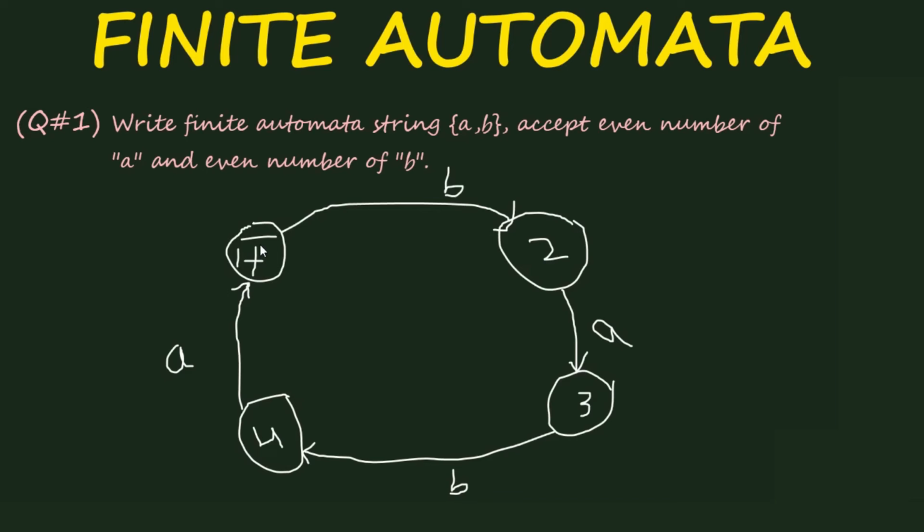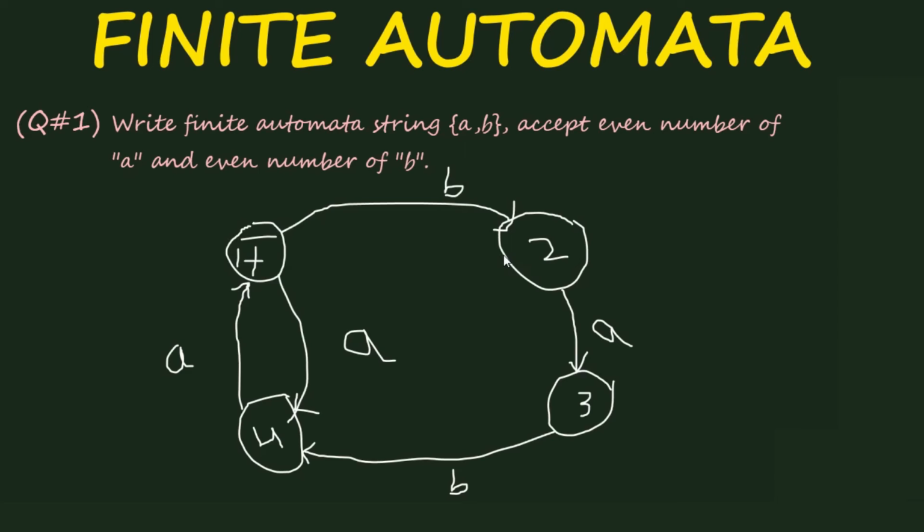What happens if A comes on state 1? It will reach state 4. If A comes again, it will reach the final state. A is even, and 0 times B is even, okay, fine.